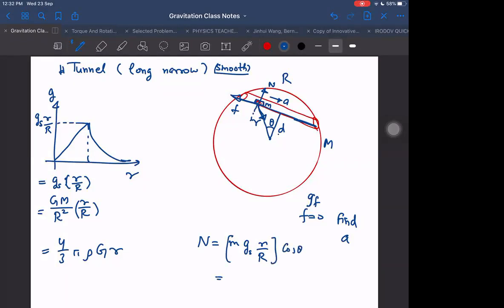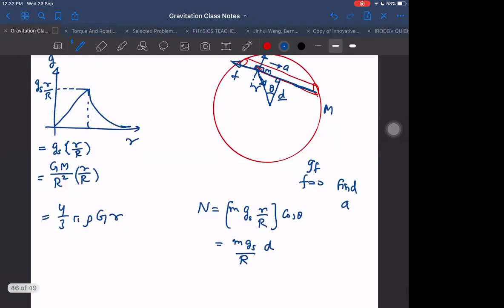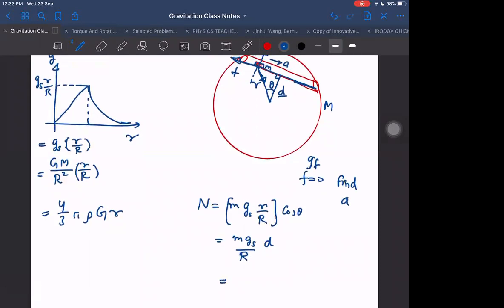And small r cos theta is equal to d. Then we get m into g_s upon capital R into small r cos theta, which is nothing but the constant distance d, the perpendicular distance, which is fixed already. And g at the surface is already fixed. We cannot change that. Mass we cannot change, radius we cannot change. So it is a constant quantity. It does not change. Wherever we are in this tunnel, that normal force will always be equal.